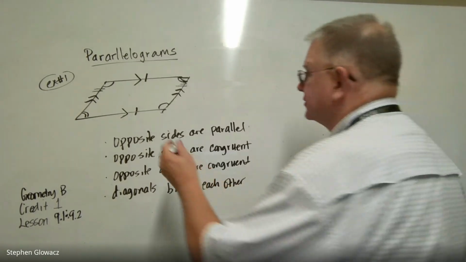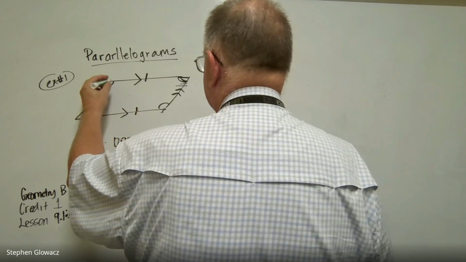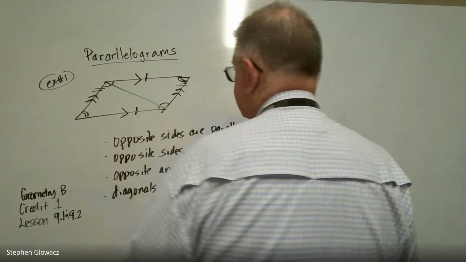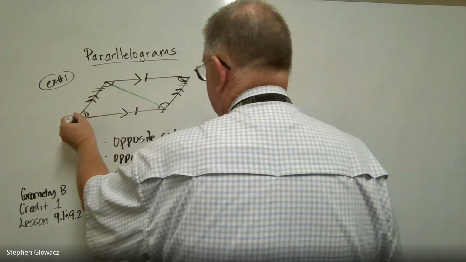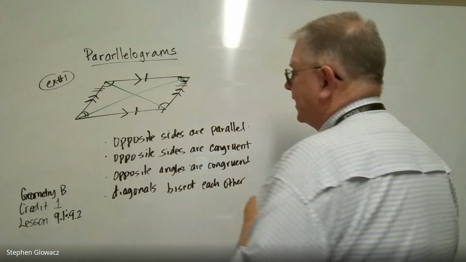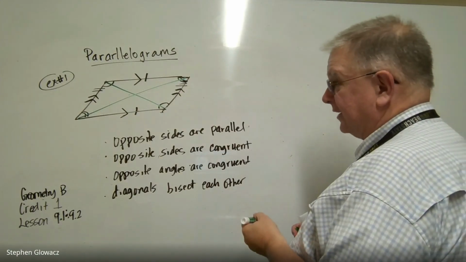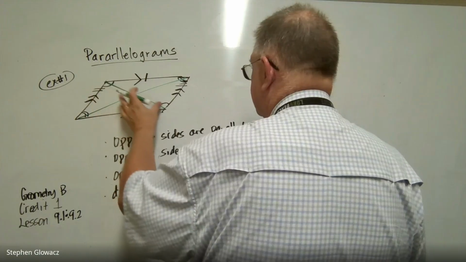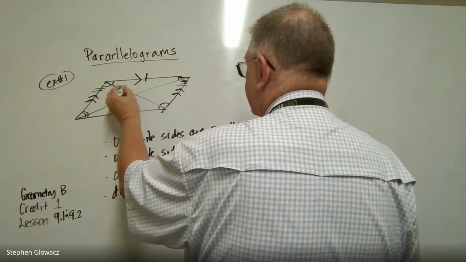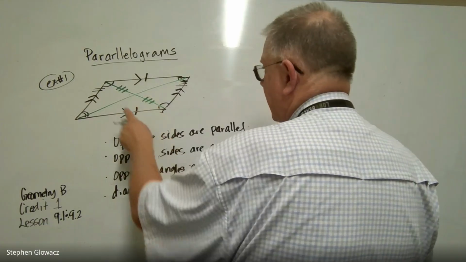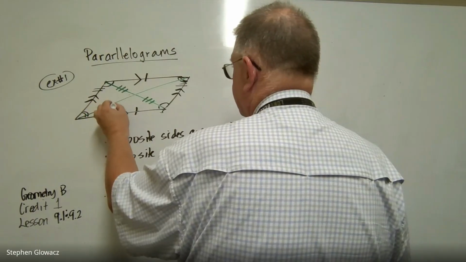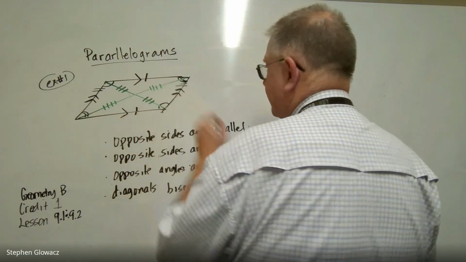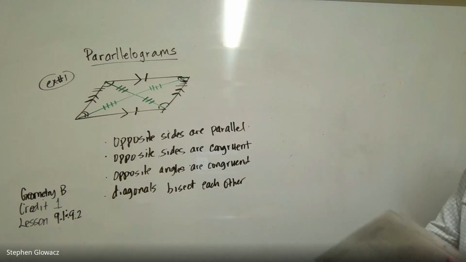So the diagonals connect the opposite vertices, the opposite corners of the parallelogram. So that would be one diagonal, and this would be another diagonal. So the diagonals bisect each other, which means these 2 pieces would be equal or congruent. And then also these 2 pieces would be equal or congruent. And so the diagonals bisect each other.